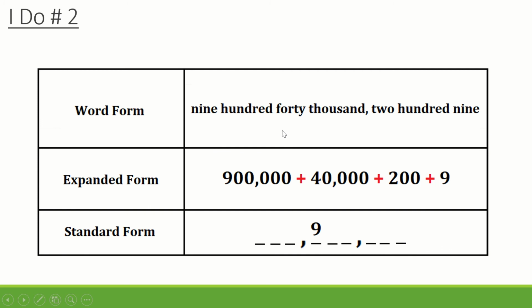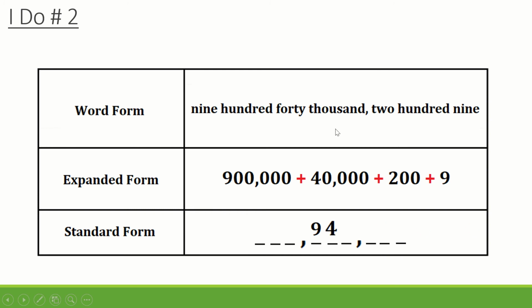So that was 900, and it wasn't just 900,000, it was 940,000. So I know that I need to put a 4 in the 10,000s place because it's not 4,000, it's 40,000. So I need to identify where the 10,000s place is. Ones, tens, hundreds, thousands, 10,000. So I put a 4 there.